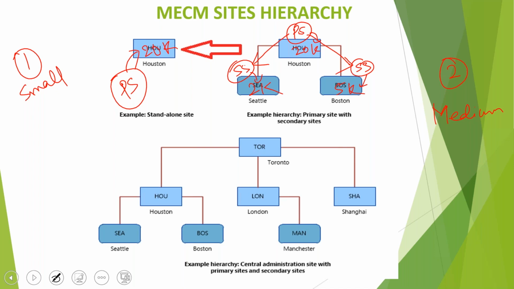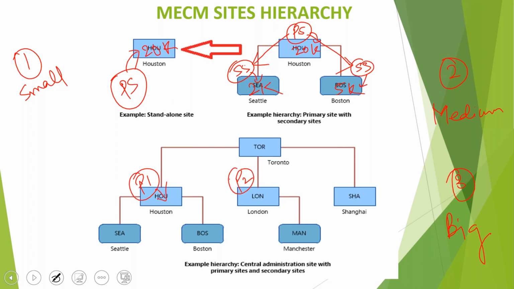Now this is the third kind of deployment, a big organization. For example, if you have more than 100,000 or 200,000 devices all over the globe to manage, one primary cannot handle all the devices. You will have to have more than one primary. Let's say primary 1 will be managing all the devices in Houston.